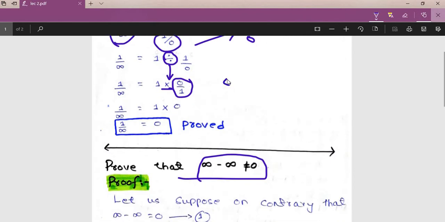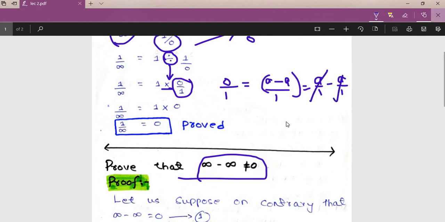How? If we're dividing 0 by 1, instead of 0 we can write a minus a, where a is any natural number, real number, or whatever kind of number. Further we can write it as a divided by 1 minus a divided by 1.